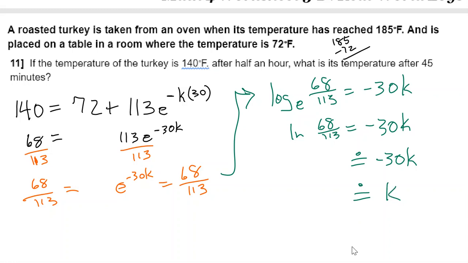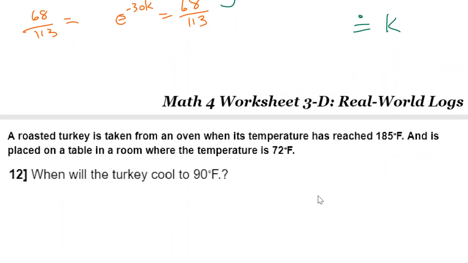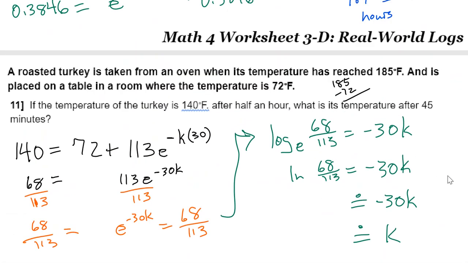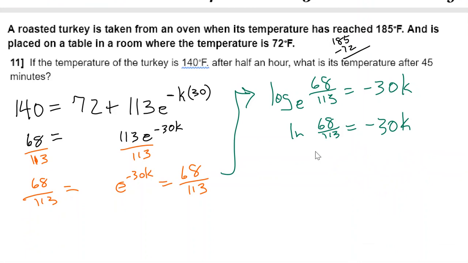Oh, that's right, I gotta have some room. Did I set this up? No, I didn't. I gotta save myself some room here. All right, let's just take this a step at a time. Natural log of 68 divided by 113, parenthesis, enter.